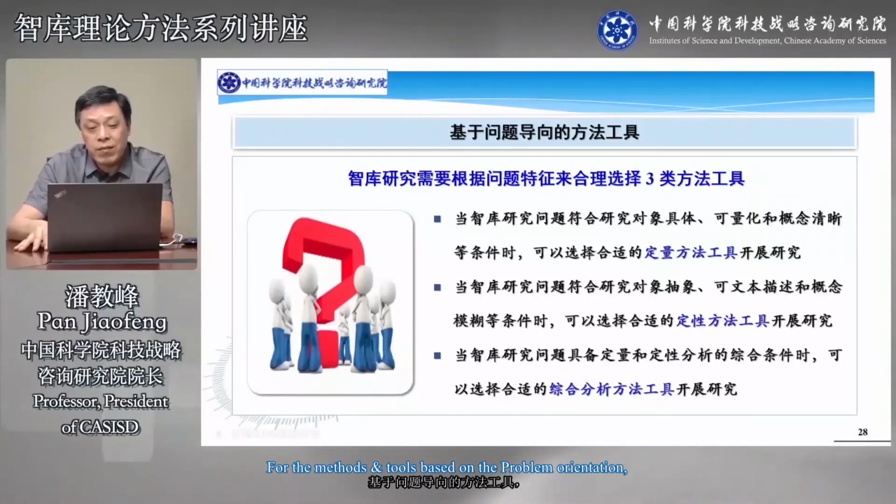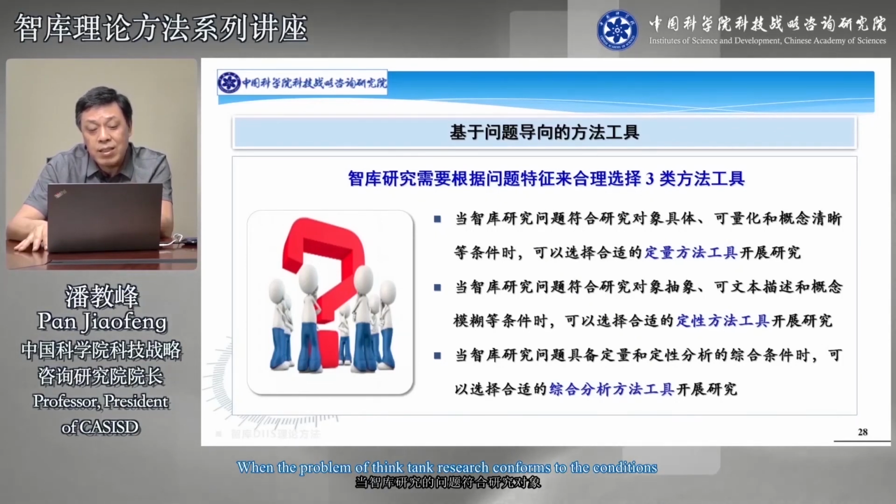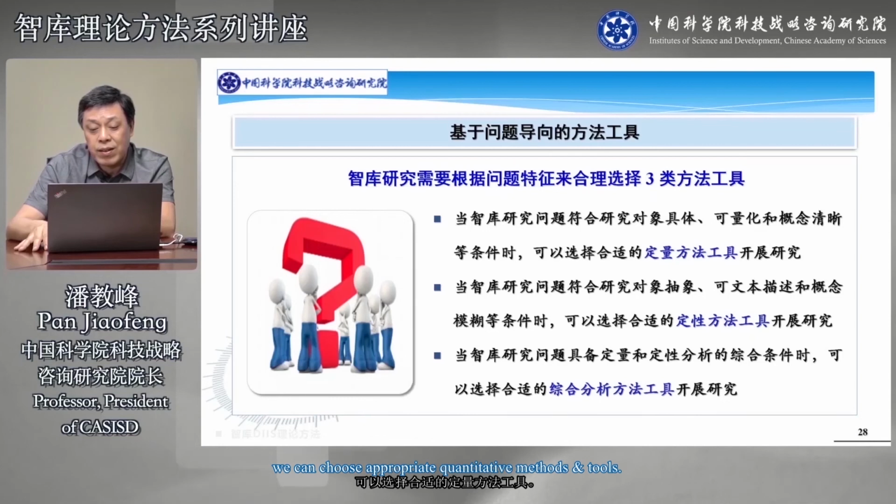For the methods and tools based on the problem orientation, the think tank research should reasonably select the three kinds of methods and tools according to the problem characteristics. When the problem of think tank research conforms to the conditions such as specific, quantifiable, and clear concept objects, we can choose appropriate quantitative methods and tools.